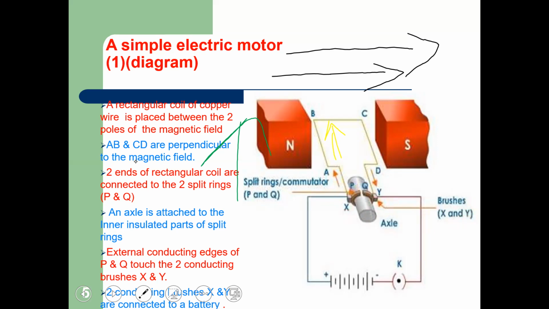So each of the split rings is connected to brushes, and these brushes are usually carbon brushes. And the axle is attached to the inner insulated parts of the split rings. The external conducting edges of PQ touch two conducting brushes X and Y, which are connected to the battery.